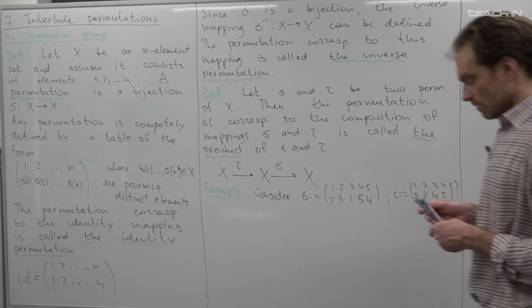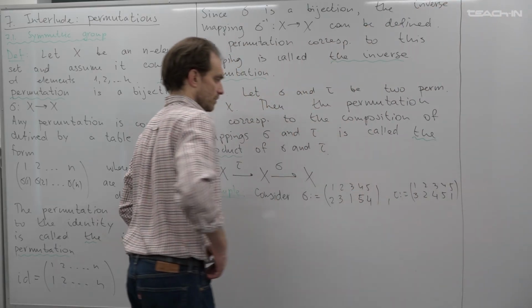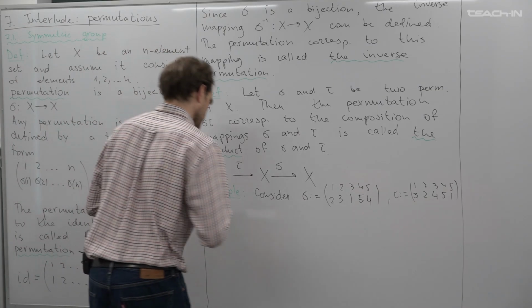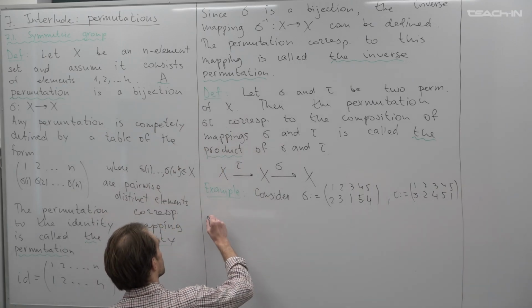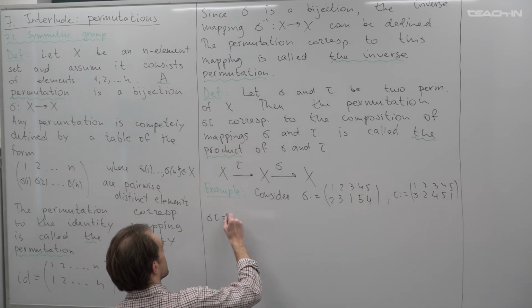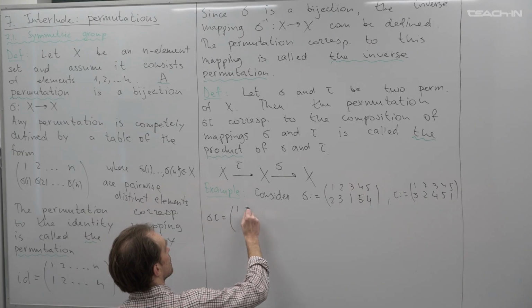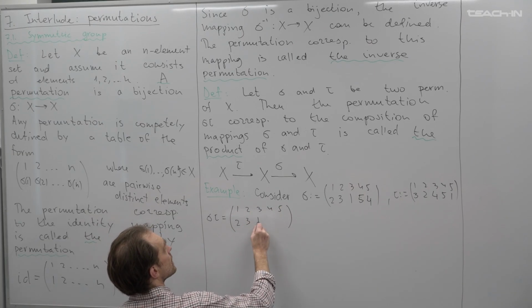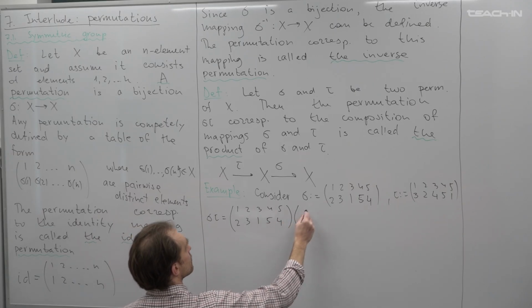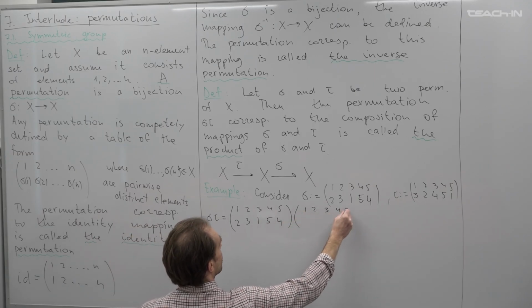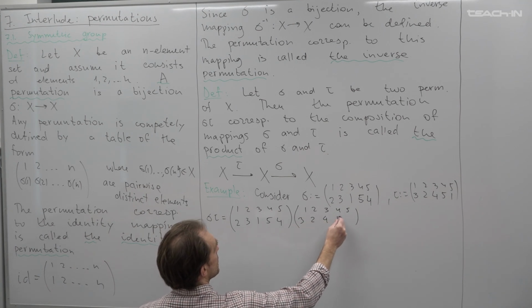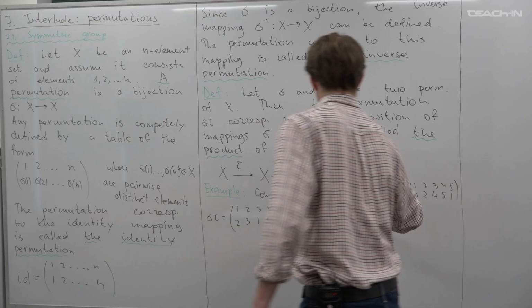Okay, so these are just two permutations of a 5-element set, and let us find the product. So what is the product of sigma and tau? I will write them one by one for convenience. And now I'm going to explain how to find the product using this standard two-line notation.